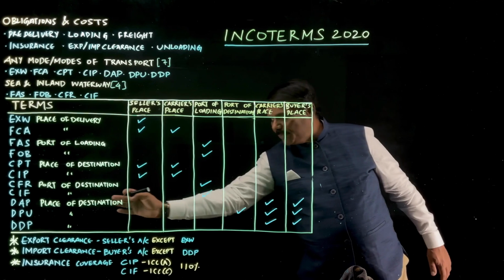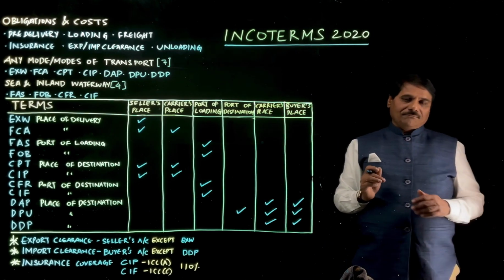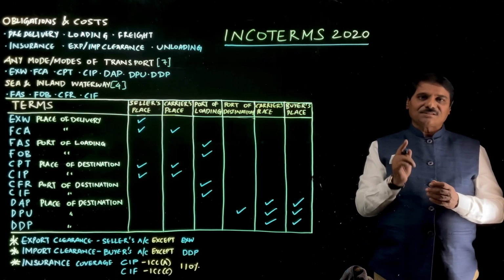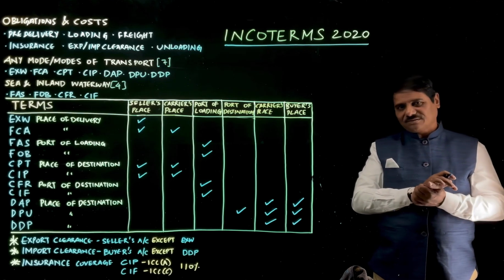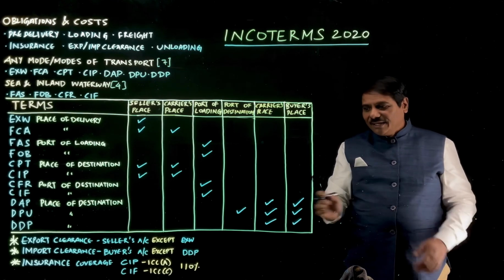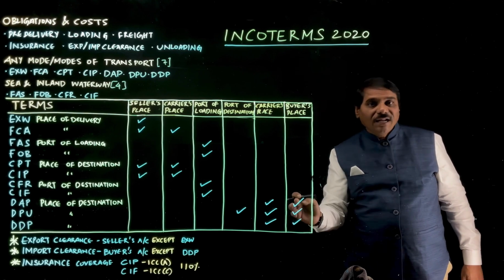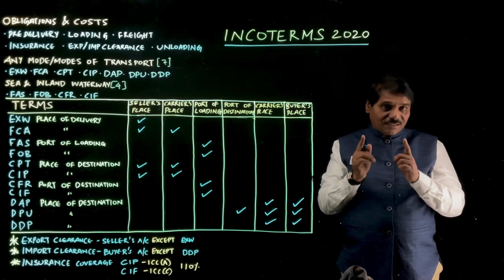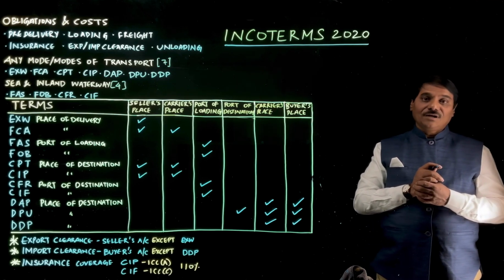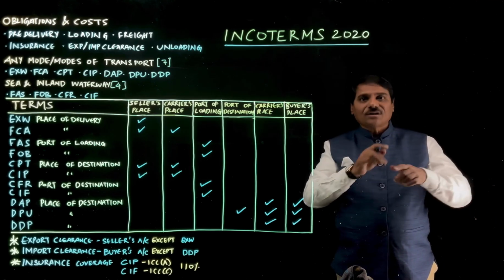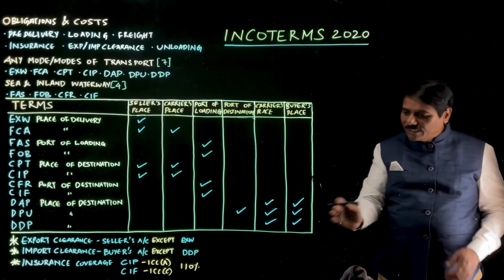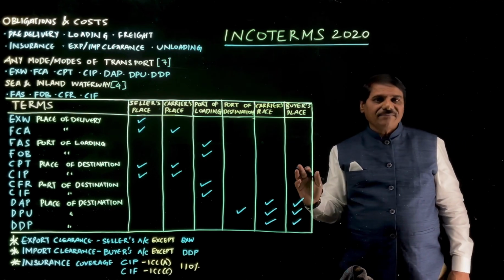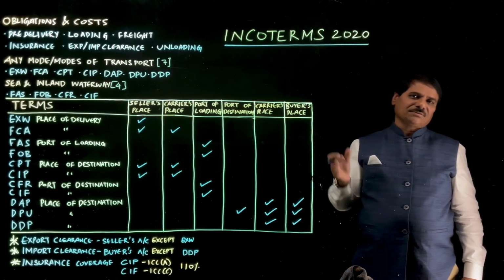Only in case of DPU is it the seller's responsibility to unload the goods in buyer's country. In case of this last one, delivered duty paid, it is the seller's responsibility to clear the goods for importation also. So here, the seller has the maximum responsibility.